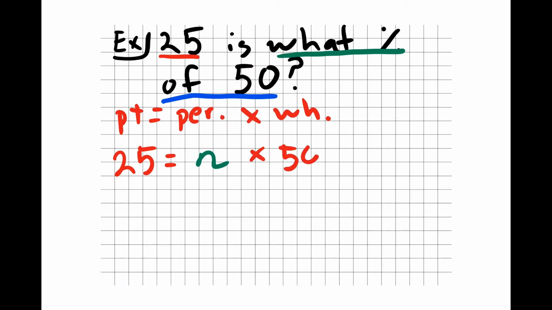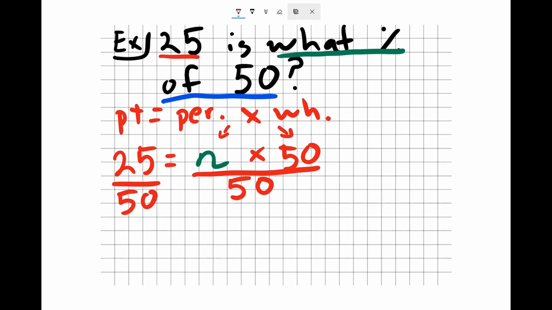times 50. What you want to do now, if your variable or your missing number is going to be either one of these two values, what you're going to do is divide by the number. What you do now is divide in order to isolate your variable.